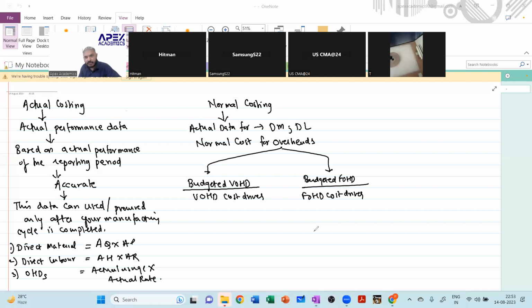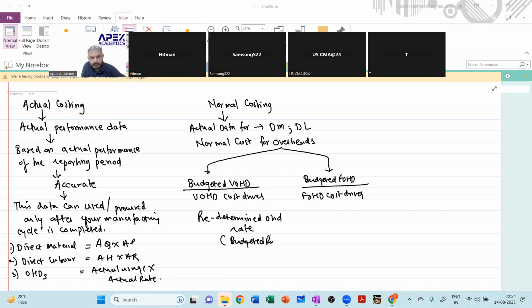I will have to arrive at a predetermined overhead rate. A predetermined overhead rate is nothing but a budgeted rate. Why? Because it is predetermined.